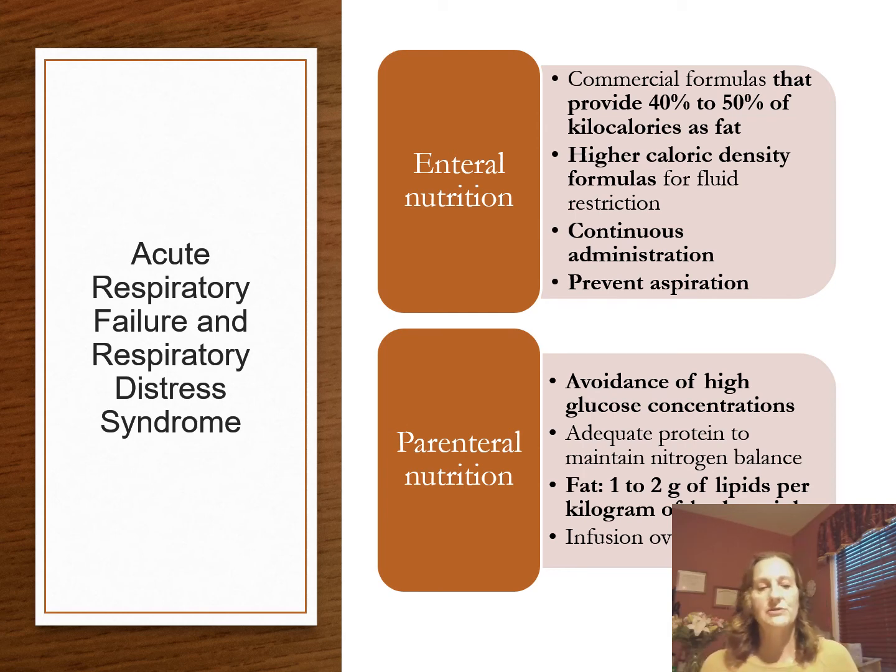With parenteral nutrition, we learned that higher levels of glucose concentrations should be avoided because of the RQ level. Carbs provide a high respiratory quotient. For fat in parenteral nutrition, we usually provide 1 to 2 grams of lipids per kilogram of body weight, and again, it's infused over 24 hours.